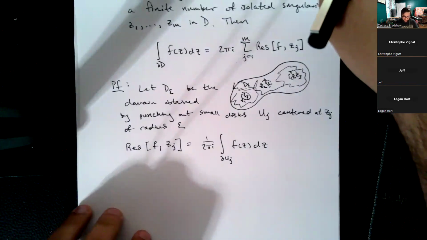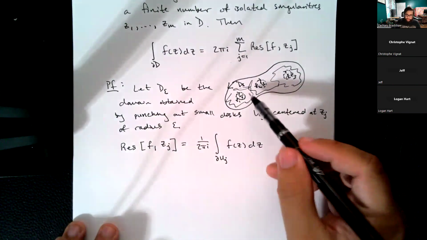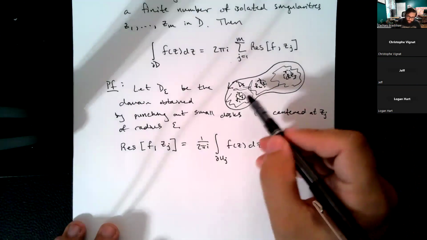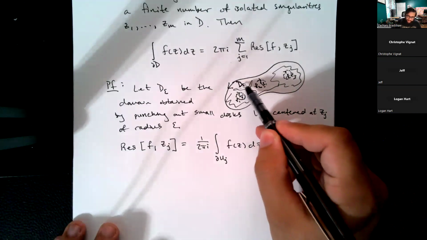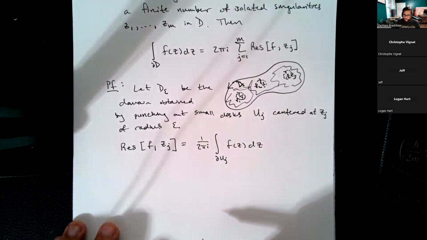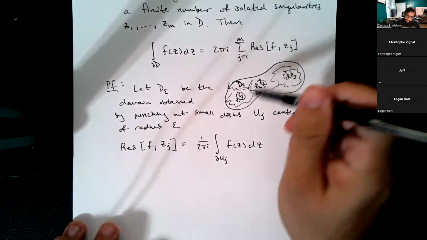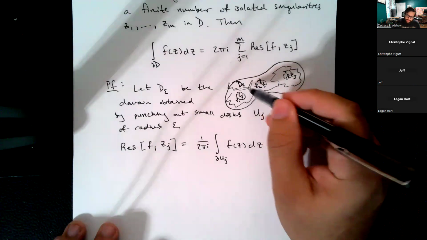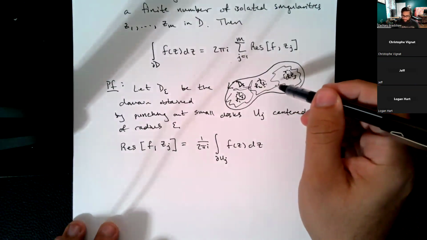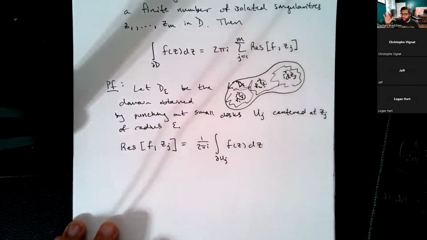And then what we do is we just apply Cauchy's theorem with the domain D epsilon instead of D, right? Because the function f is analytic on D epsilon, because we've removed all the singularities.